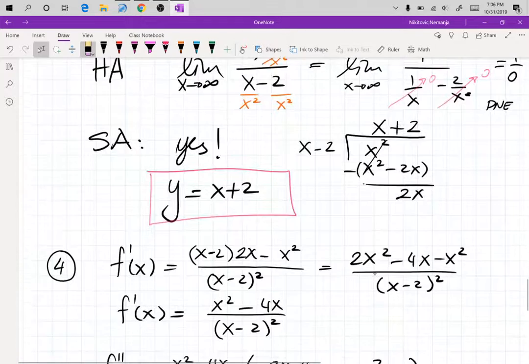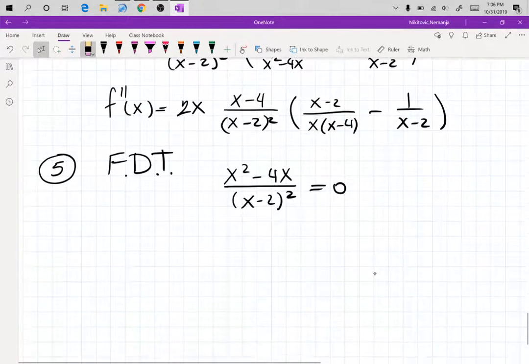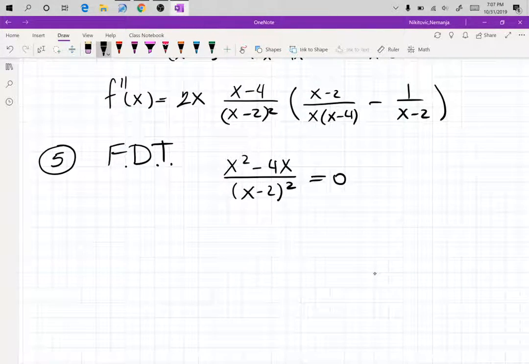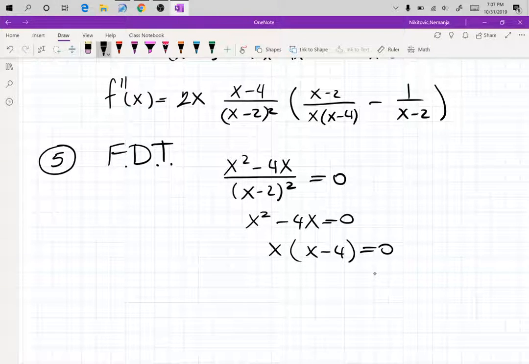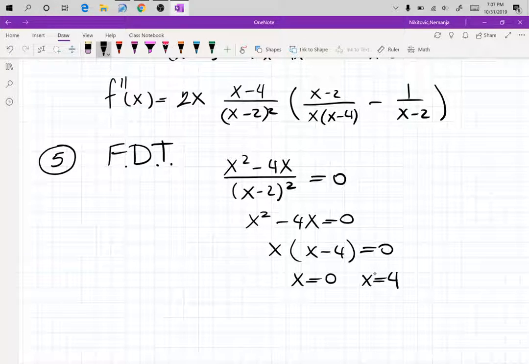All right, so we go down and set it equal to 0. We cross multiply, we get x squared minus 4x equal to 0. Kick out x to get x minus 4. And then x is 0 and x is 4. These are your critical numbers.